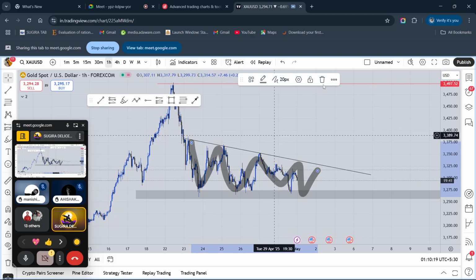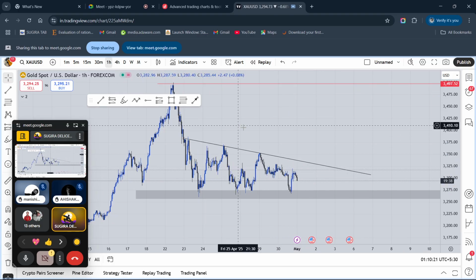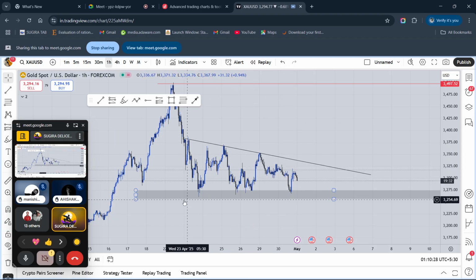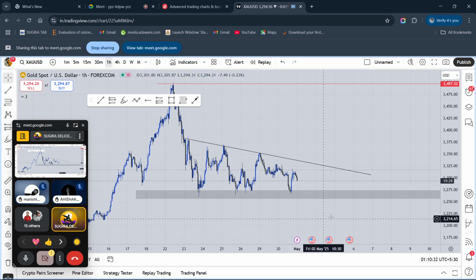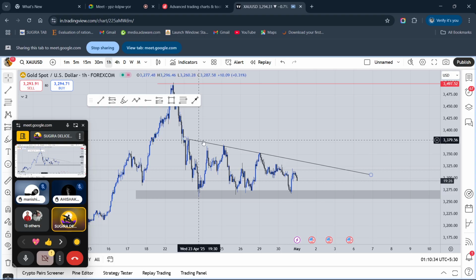Now you can see that gold is already consolidating through this level. Because there is a support level right here, a level which is preventing gold from losing value and going further to the downside, and there is a level of resistance. So we have a resistance and a support level.